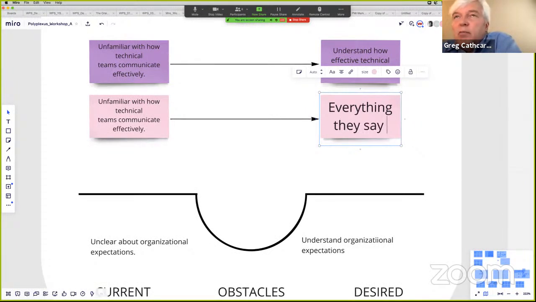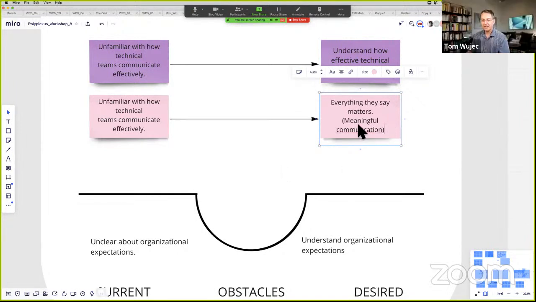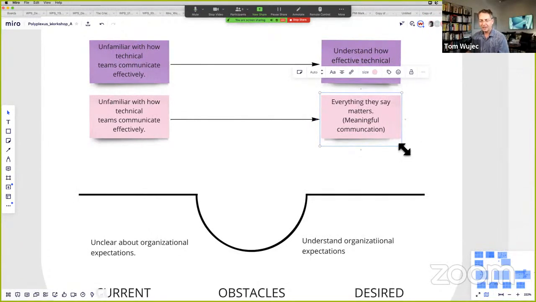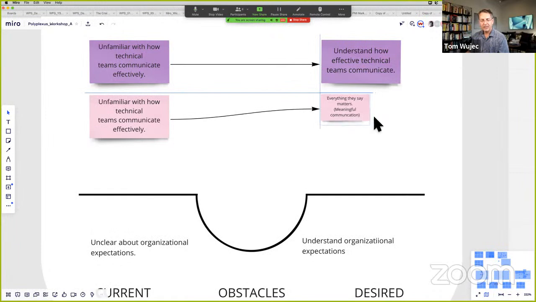Essentially that is meaningful communication. They need to understand that in their interactions with the team, both interpersonally and organizationally, everything they say is meaningful. Okay, that's so interesting. I had no idea. I'm going to make this a little smaller.